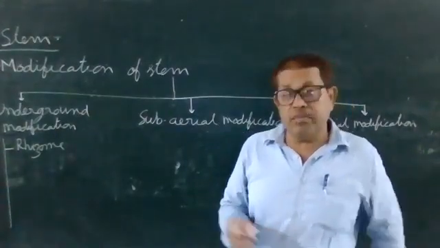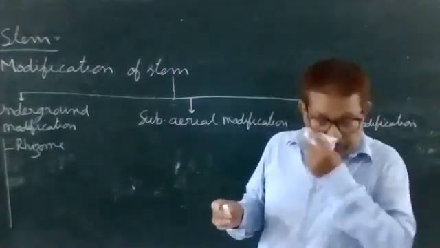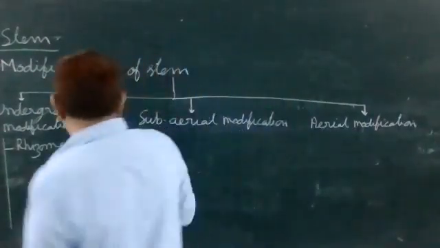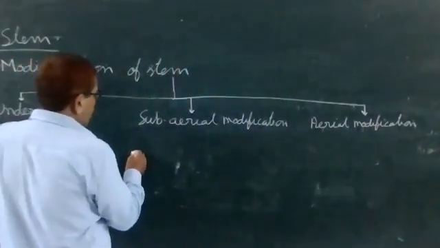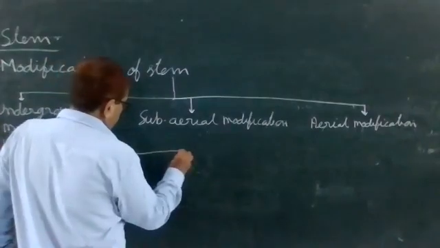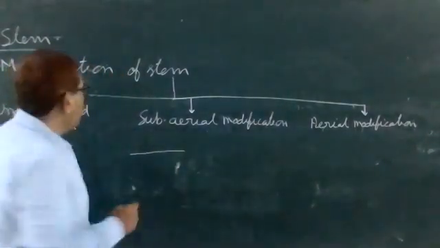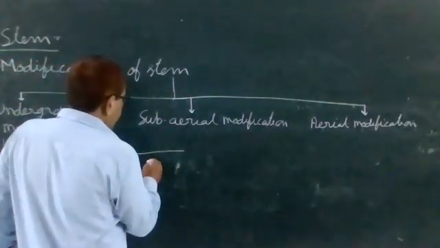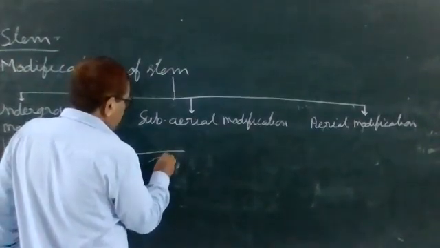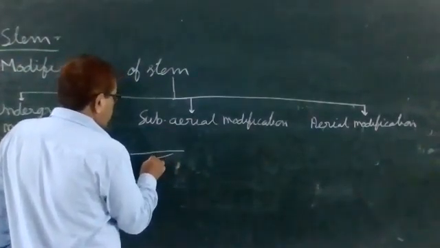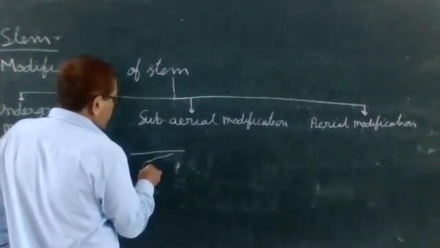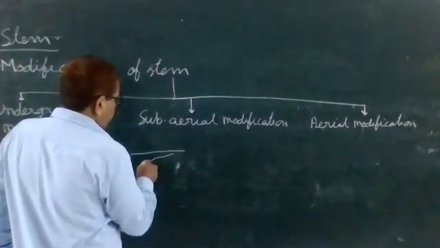You observe the ginger. Suppose this is the ground, and the stem moves below the ground in this direction. Its growth takes place in this direction.